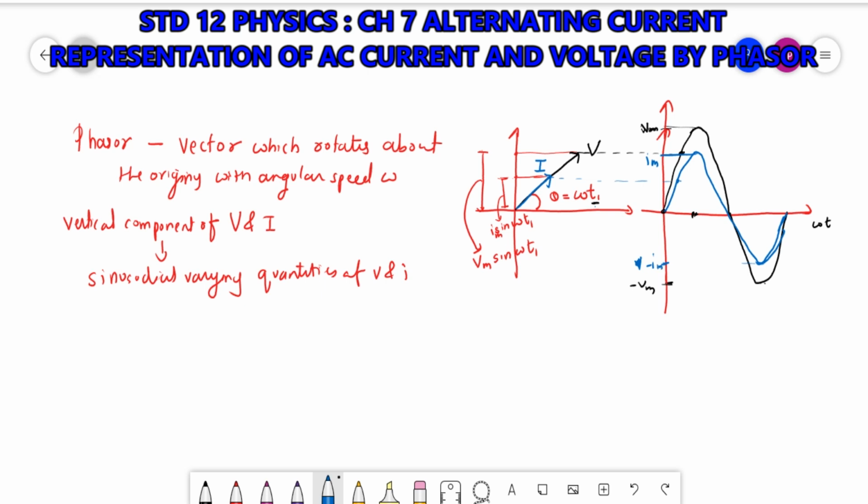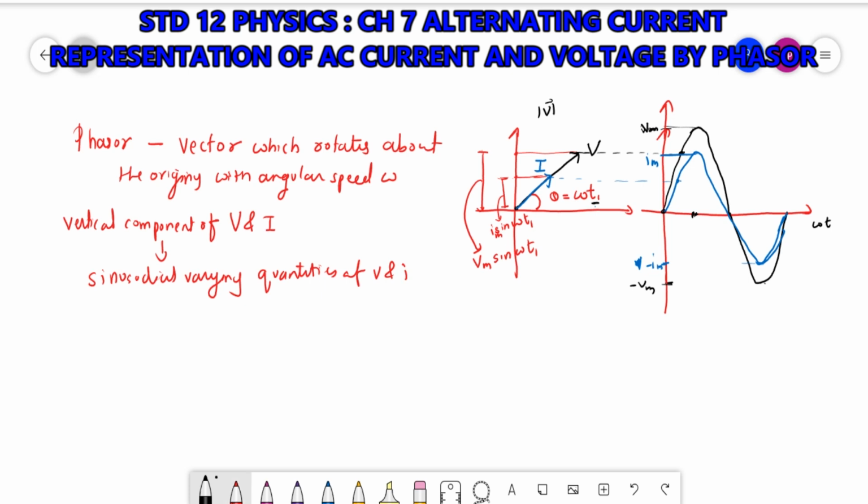Clear? Now see the magnitude of phasor V and I gives the amplitude. If I take the magnitude, from here to here, we call it the magnitude of the voltage vector.